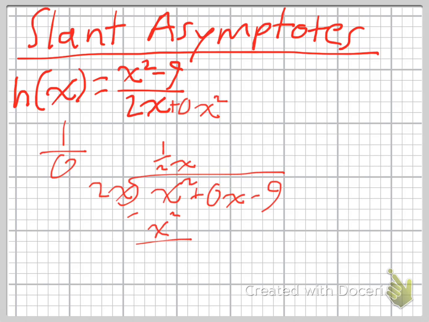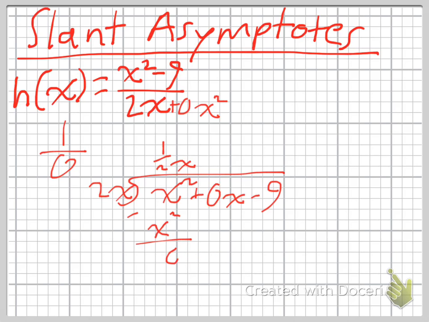Subtract that, you have 0 for your x squared term. Zero squared plus 0x. And to get that, obviously, well, it's not 0x squared, sorry.